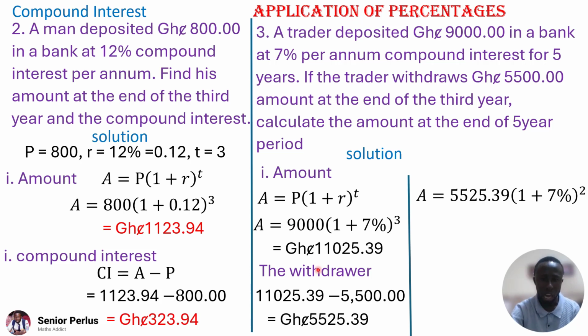So you see, our amount for the third year becomes the principal here, okay? So we work for the remaining 2 years. Then this is the amount for the whole 5 years, and there's a withdrawal inside, okay? That's the amount for that. Good. Very nice question.